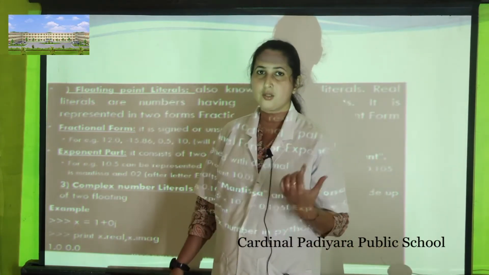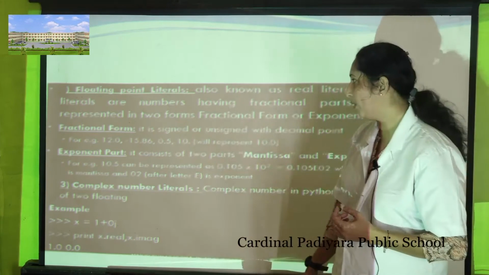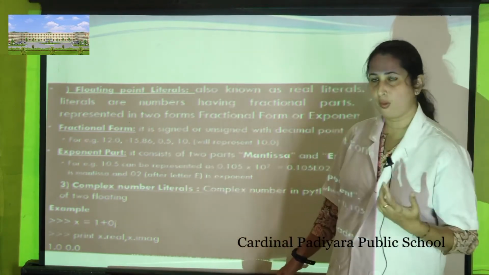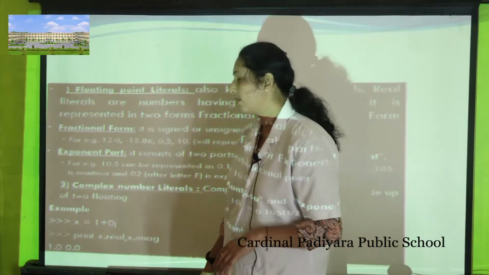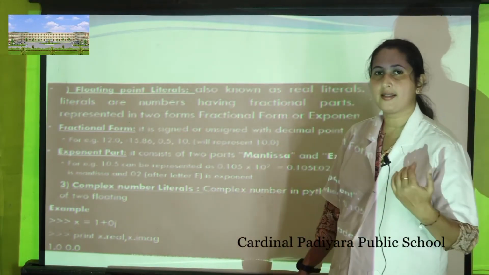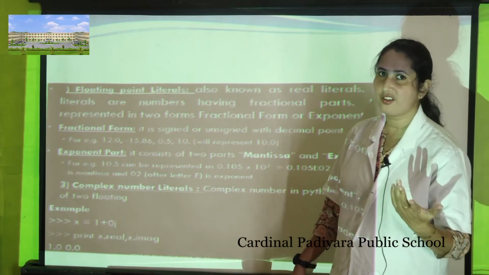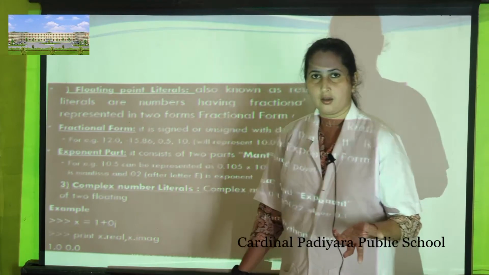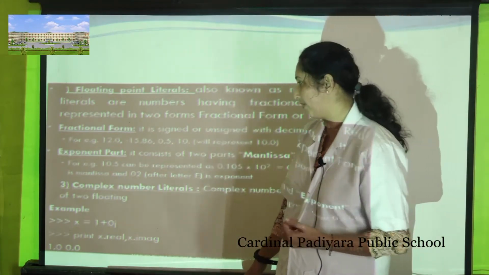Signed and unsigned mean positive and negative values. Exponent means raised-to values, which we can also use. Complex numbers mean a plus ij format, where you have to calculate the imaginary part. In this way floating points also we have to consider.